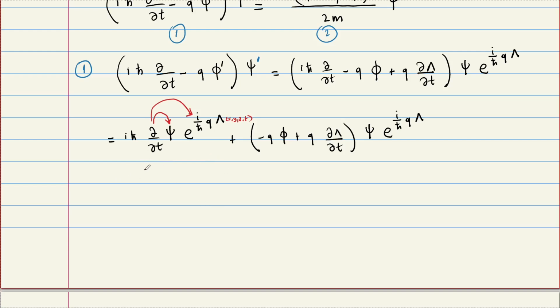So let's open that up. This piece is I h bar del psi del t times e to the I over h bar q lambda, plus I h bar psi e to the I over h bar q lambda times I over h bar q del lambda del t.